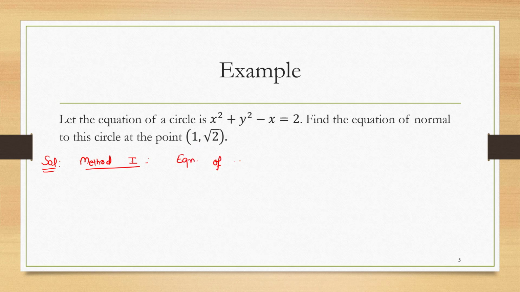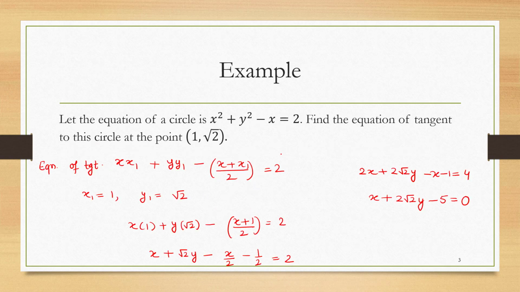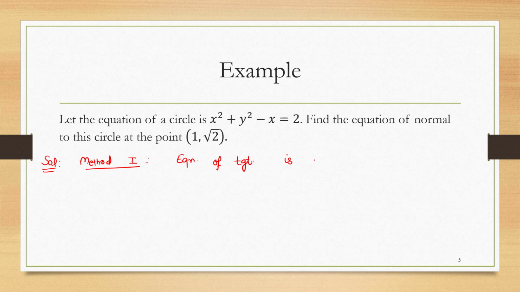The equation of tangent to this circle at this point, we have found in the previous example. Let's take it from there. It is x plus 2 square root 2 y minus 5 equal to 0.